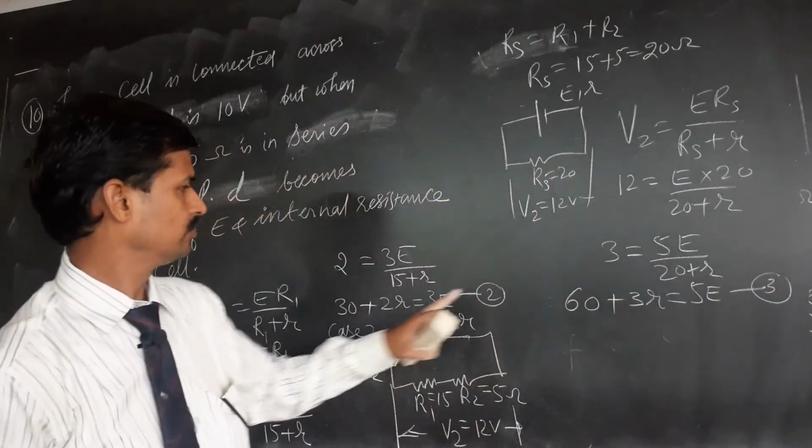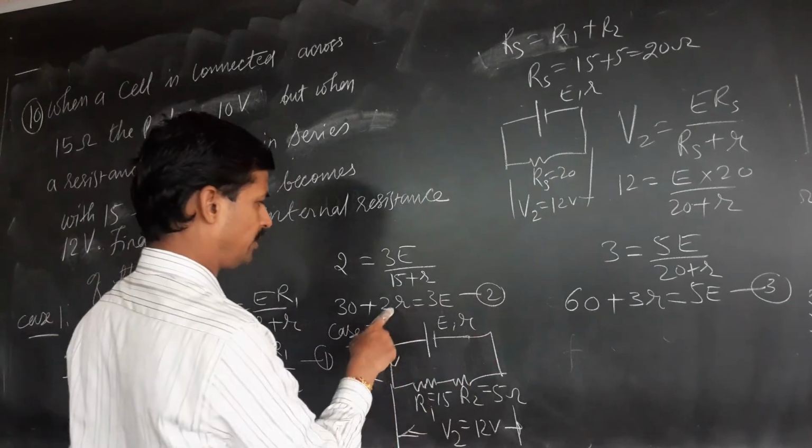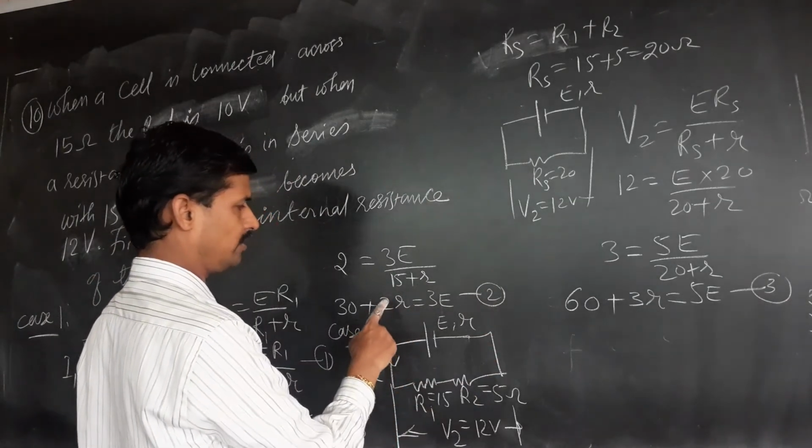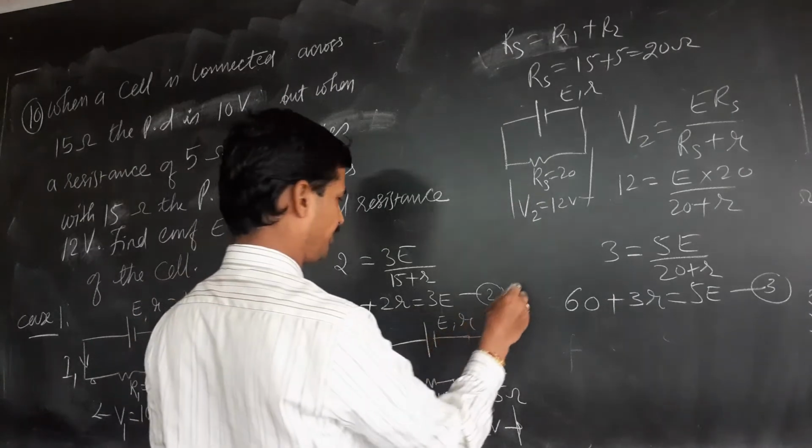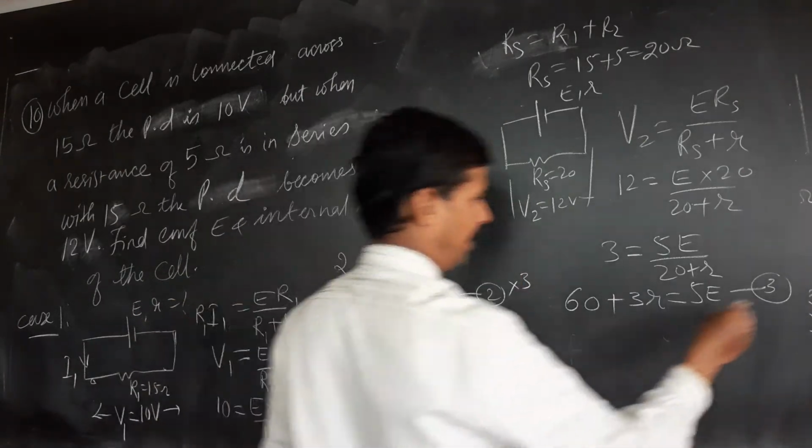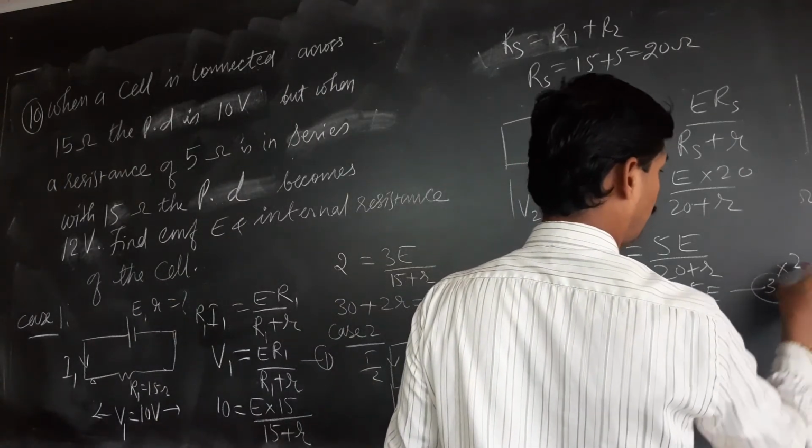To simplify 2 and 3, we'll eliminate r. How to do that? Equation 2 is multiplied with 3 and equation 3 is multiplied with 2.